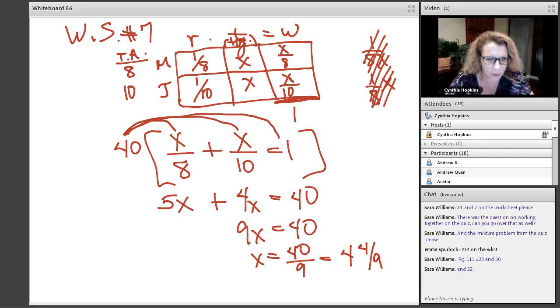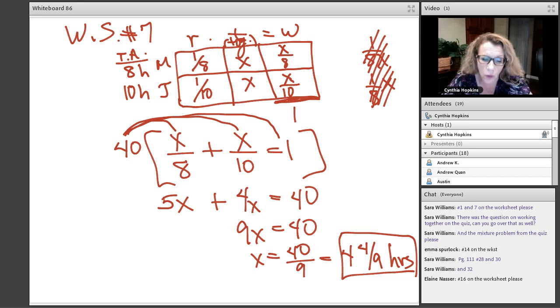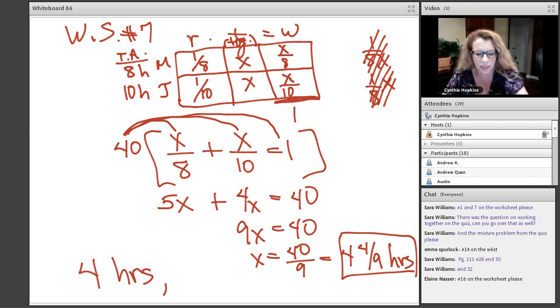So I look back at my problem, my organized chart, and I go, oh, that's right. X was the amount of time together. And since their time alone was in hours, this also is hours. Okay, so that's how long it would take them to work together. If you wanted to change it to hours and minutes, of course, it's 4 full hours. And then I would take in my calculator 4 divided by 9 and multiply it by 60, since there are 60 minutes in an hour.